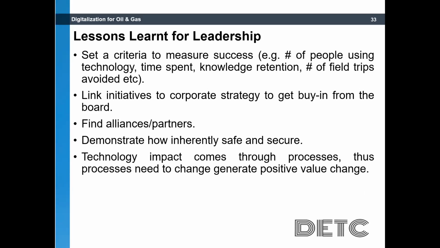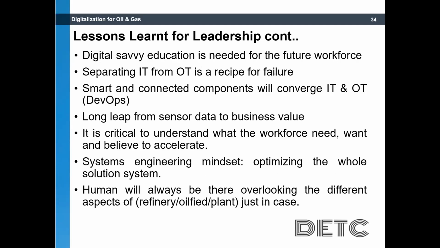Seek alliances and partnerships with experts, service providers and consultants to be able to develop inherently safe, inherently secure digital transformation programs. And I would like to overemphasize that technology on its own is not going to make any big changes or add value, but rather it's the processes that are going to apply those technologies to achieve the sought after goals.